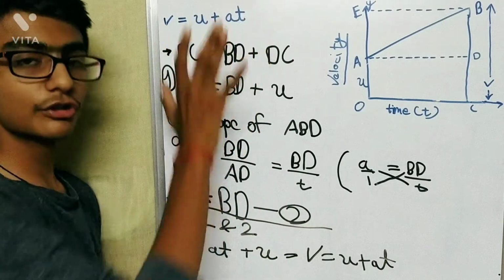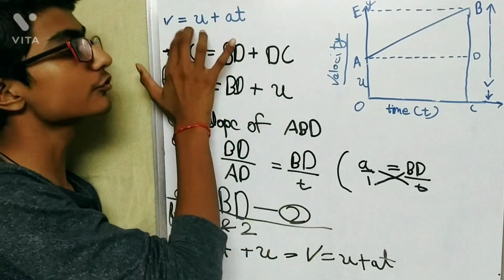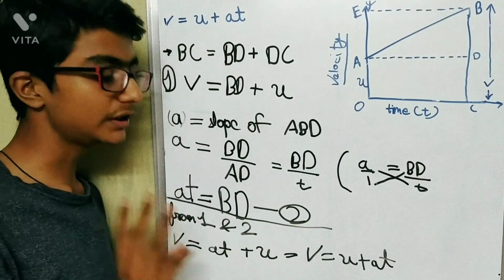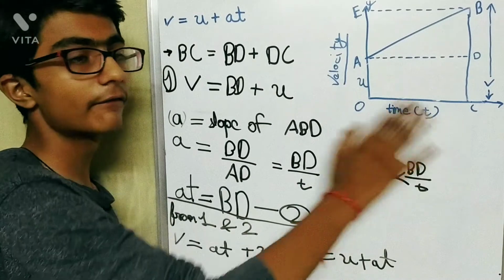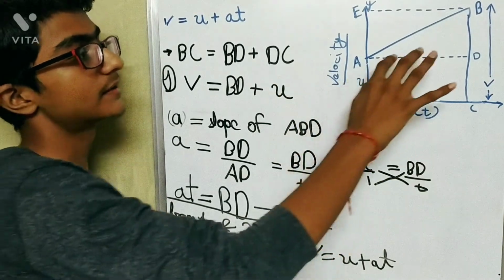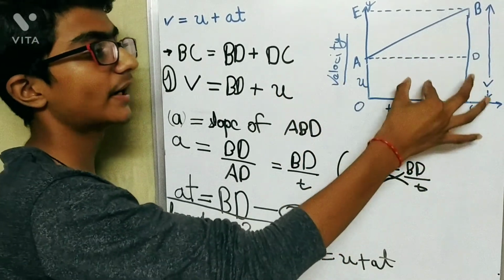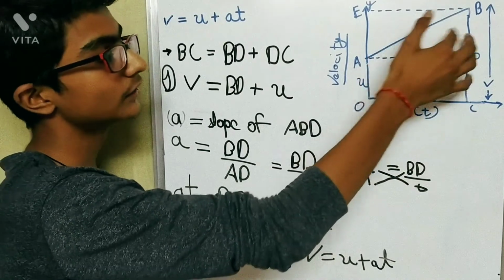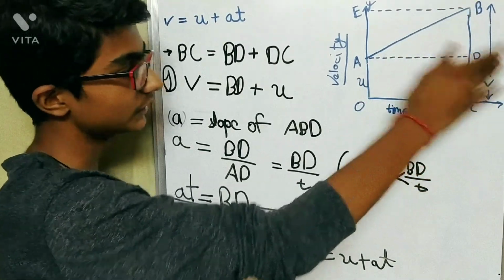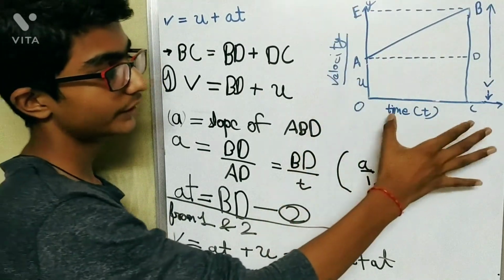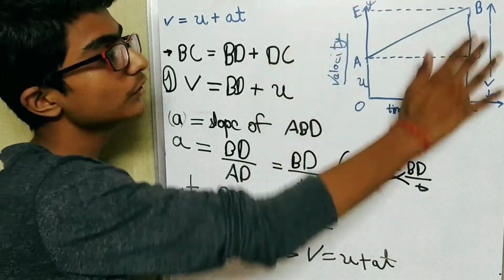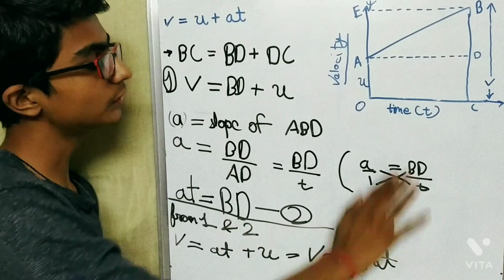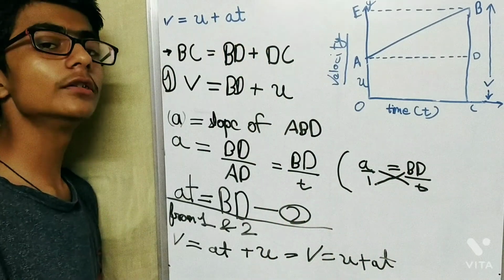Remember, there are 3 equations of motion. This is the first one, and all 3 equations will be derived from this graph itself. Here it's a trapezium, here it's a rectangle, here it's a rectangle, here this whole is v, and here it's u, this is time, and this is velocity. This is the whole graph, and this is the whole derivation.